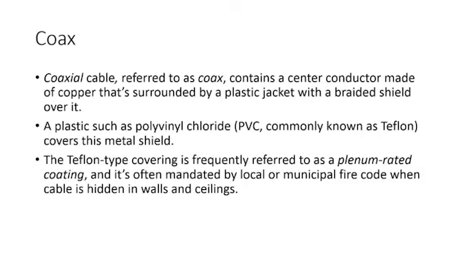That's what covers the metal shield and gives it that black or white look. Now that Teflon type covering is frequently referred to as a plenum rated coating, and what that means is that it passes local regulations when it comes to fire codes.